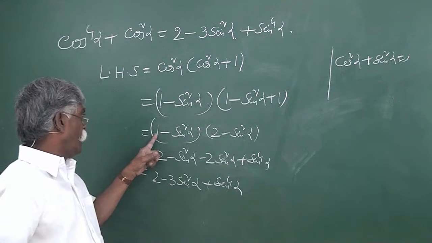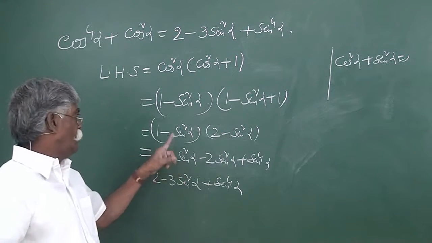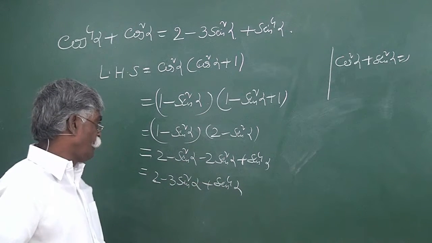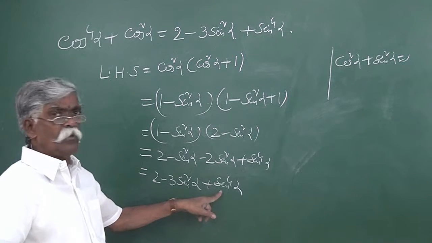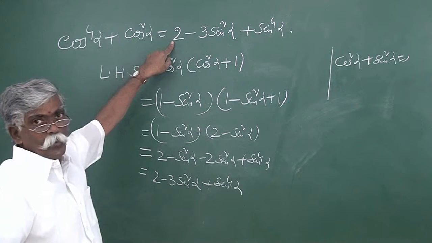Now when we multiply, while multiplying by 1, we will get 2 minus sine square alpha, and this is minus 2 sine square alpha plus sine power 4 alpha. So finally it is 2 minus 3 sine square alpha plus sine power 4 alpha. This is what we are asked to prove.